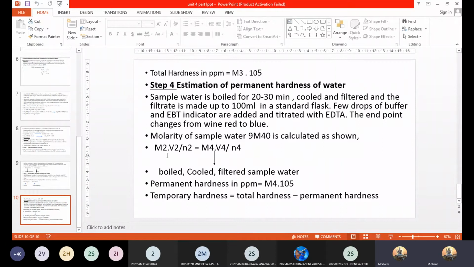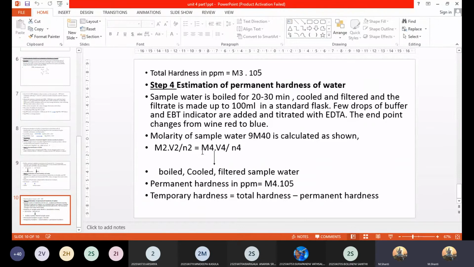Remember, throughout the experiment, M2, V2 and N2 are always specified for EDTA, whereas M4, V4, N4 are for the water sample which is boiled, cooled and filtered.